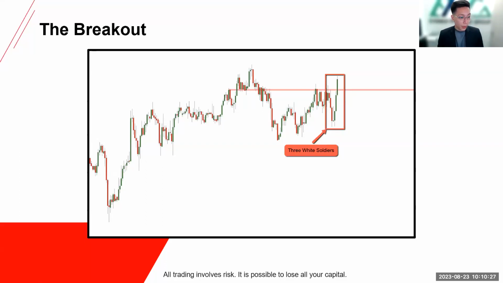So there are many different kinds of candlestick patterns. You don't have to memorize all of them. Later on I'll be going through what you should memorize, and maybe when you're trading, you could have a piece of paper printed out with these candlestick patterns right beside you. So if these candlestick patterns actually appear, then you will know that, okay, maybe I should enter a trade right here because I have my support and resistance levels.